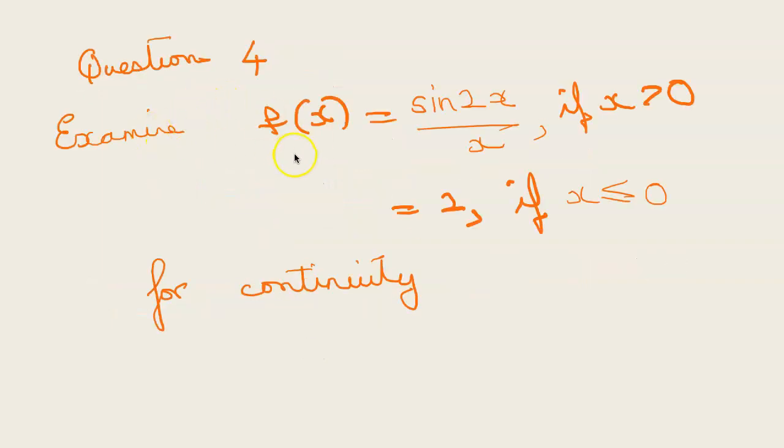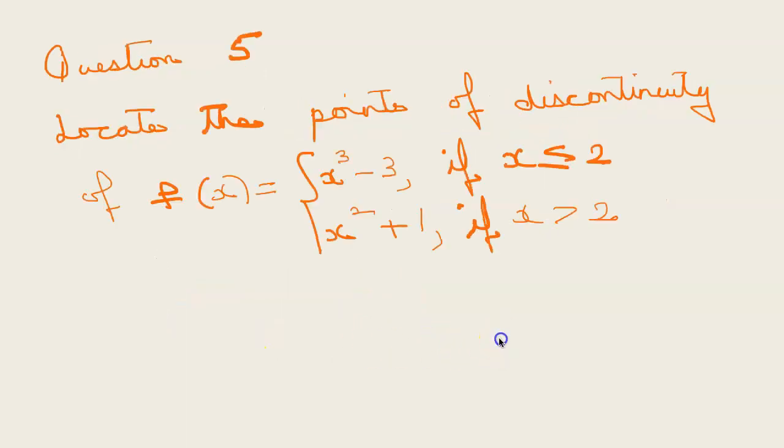Question 4. Examine f(x) = sin 2x / x if x is greater than 0, and equal to 2 if x is less than or equal to 0, for continuity. This you can try as homework.